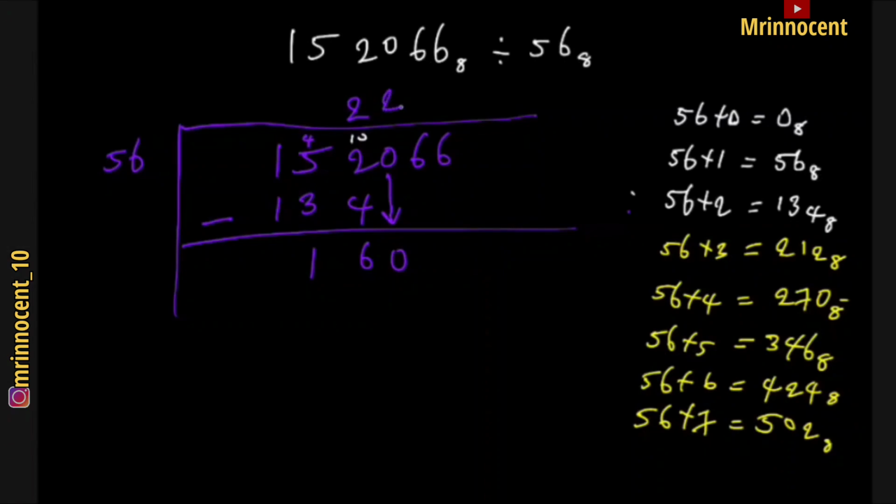So 2 times 56, you have 134. You subtract. 0 minus 4 cannot, borrow 1 here, call it 8. 8 minus 4 is 4. And this is 5. 5 minus 3 is 2.